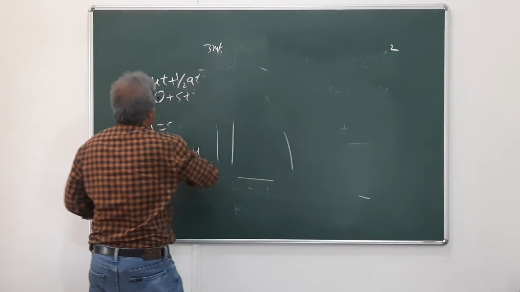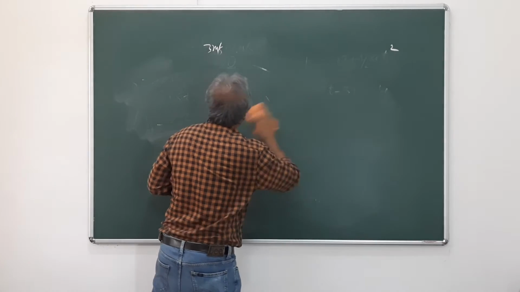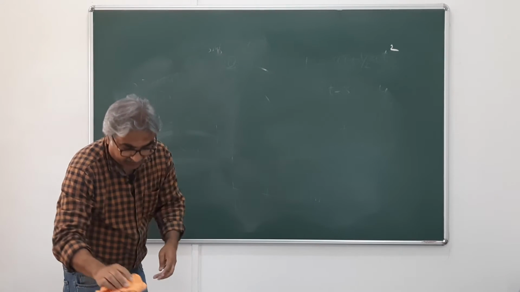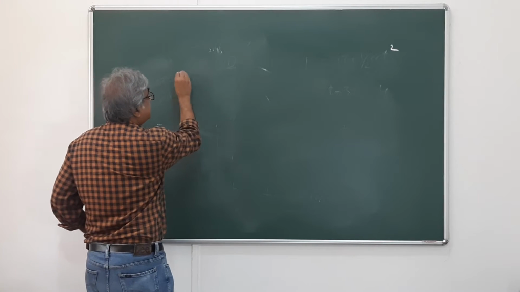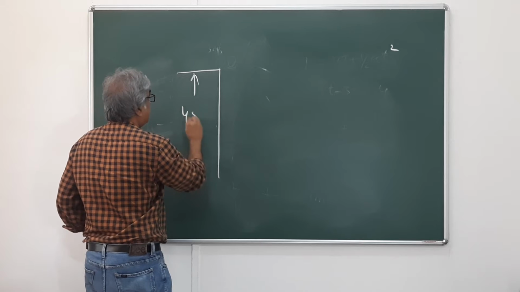This is one type of problem that is frequently asked. The other type of problem is the following. Suppose let's say this is a cliff and it is 45 meters.